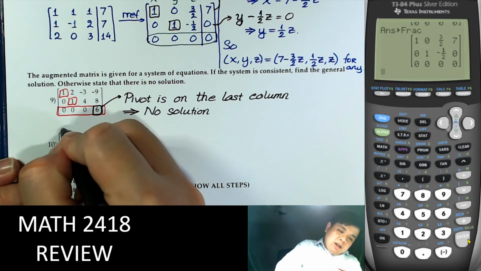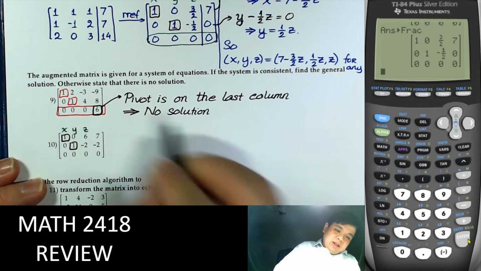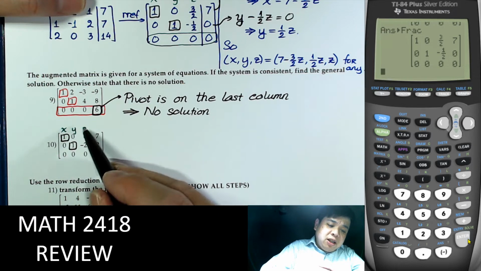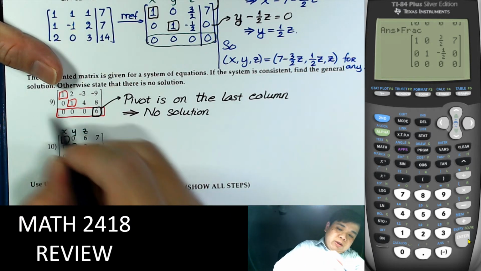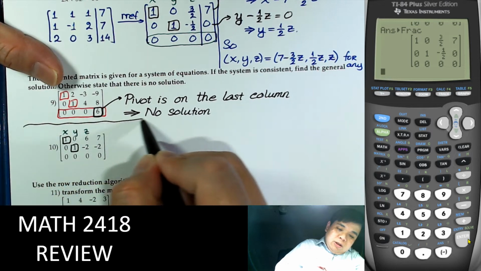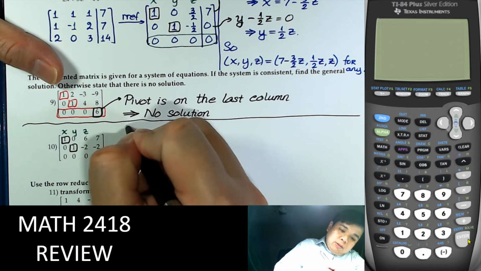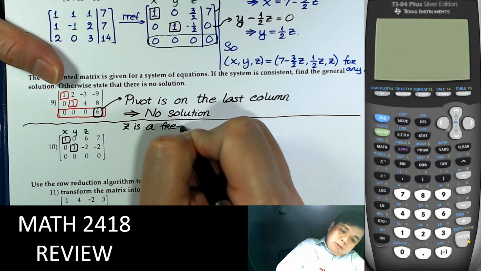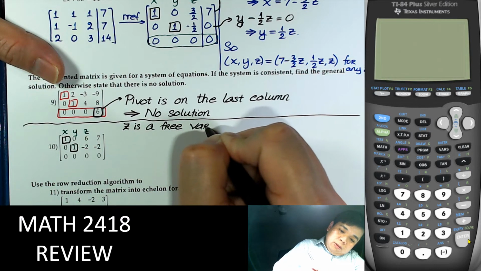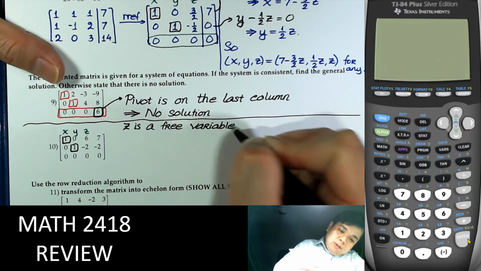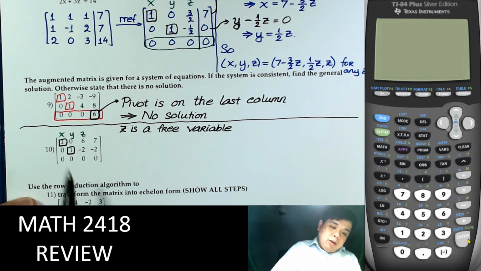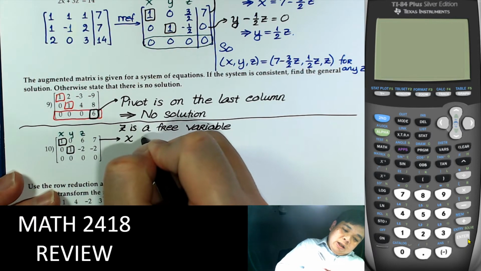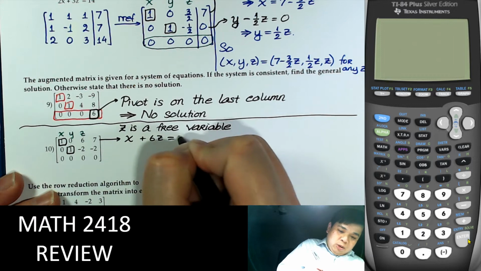So let's assign x, y, and z for it. In this case, x is basic, y is basic, z is a free variable. From the first equation, we get x plus 6z equal to 7.